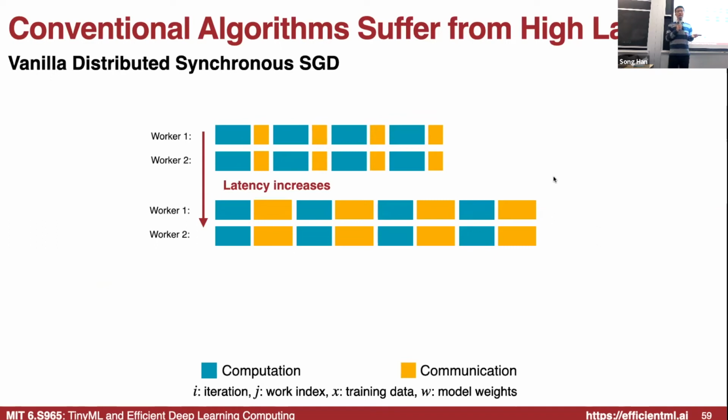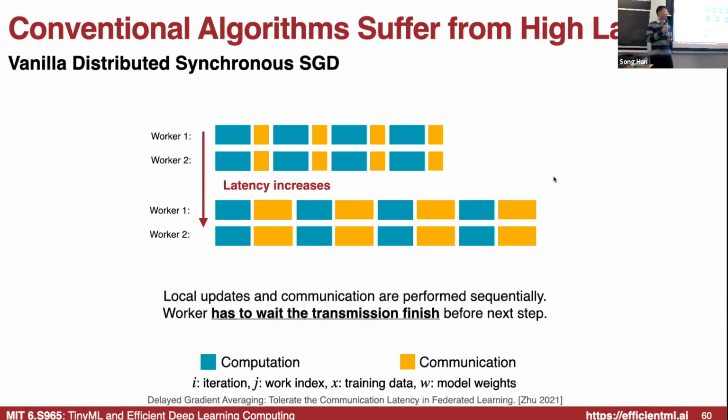The yellow part of communication will become much longer. The blue part is the useful work for computing the gradient, but a lot of time is wasted on communication. So as the latency increases, the total training time will also increase. How do we solve this problem?